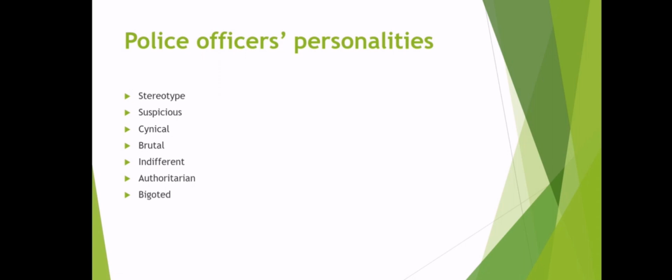So their police officer reaction to these daily encounters and the negative personality traits displayed by the citizen may result in the police officer being stereotyped as suspicious, cynical, indifferent, authoritarian, bigoted, or brutal.